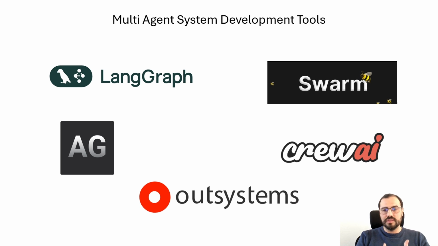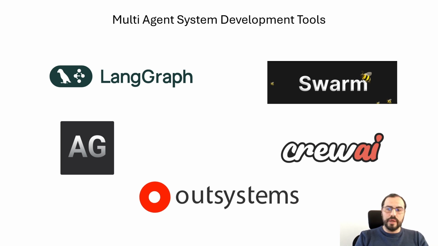Okay, so we talked here about what a multi-agent system is, and the different patterns. We are going to focus today more on the orchestrated pattern, and you can also find a lot of tools on the internet that help build this concept of multi-agent system. So we have LangGraph, one of my favorites. You have Swarm, which belongs to OpenAI.